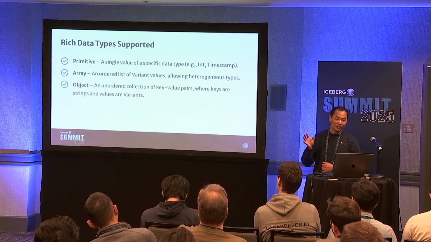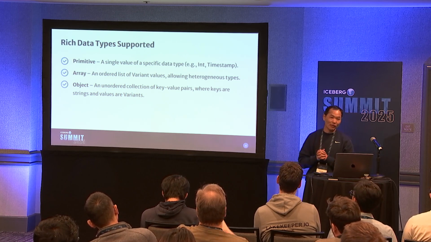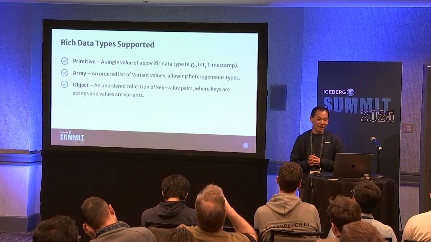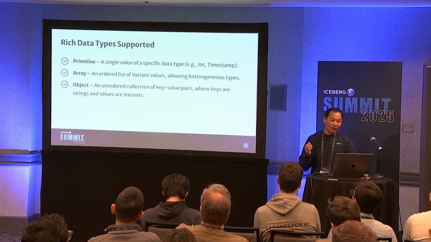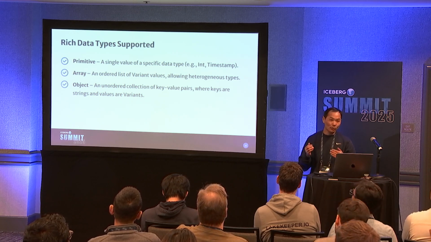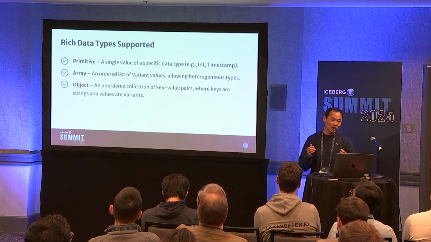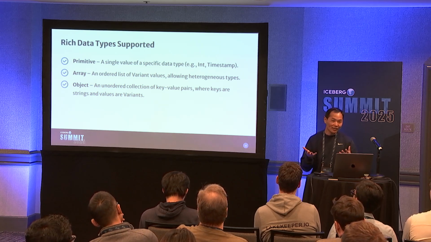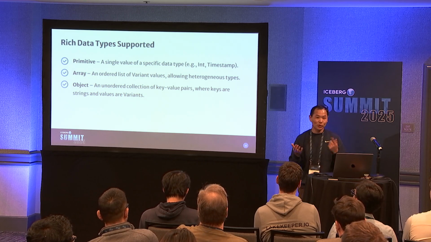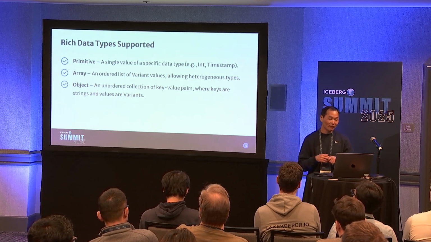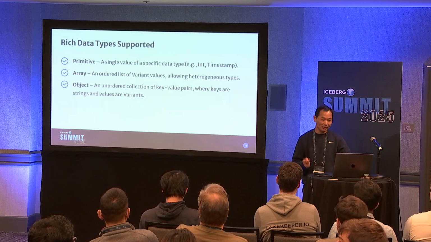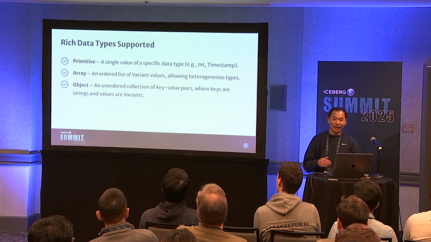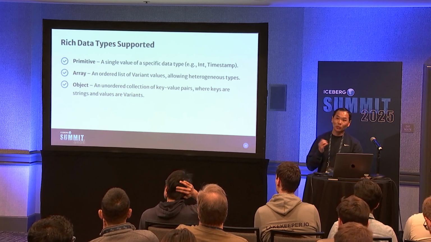Comparing to JSON, which is also a type of semi-structured data, variant is richer. For example, JSON cannot encode a timestamp except as a string, but for variant, it will tell you it's a timestamp. And we can also encode arrays as well.